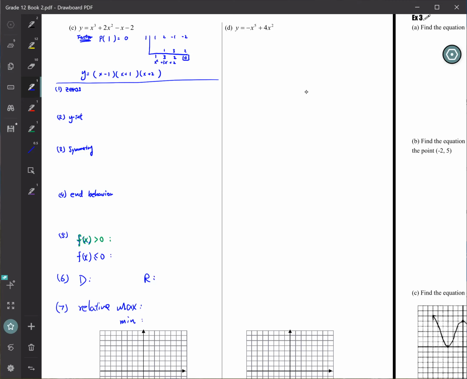Once you finish 1, 2, 3, 4, draw the picture first, and then use the picture to answer number 5.